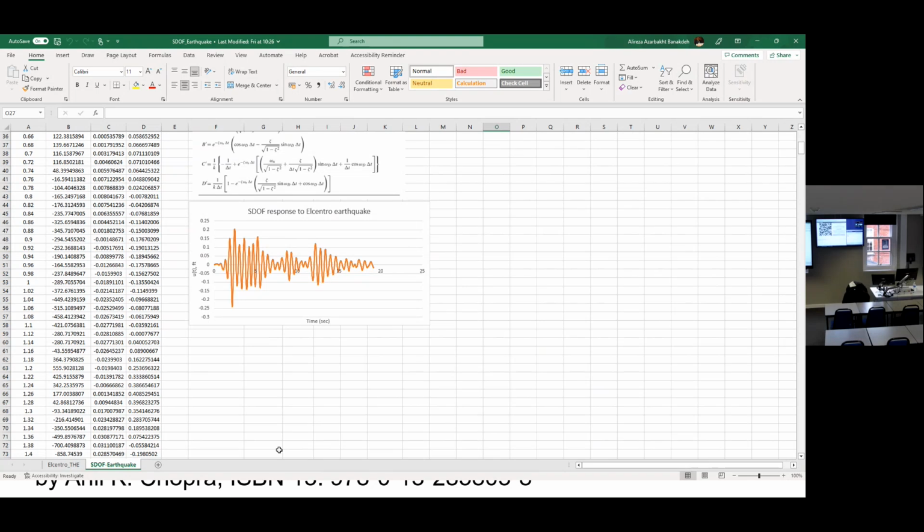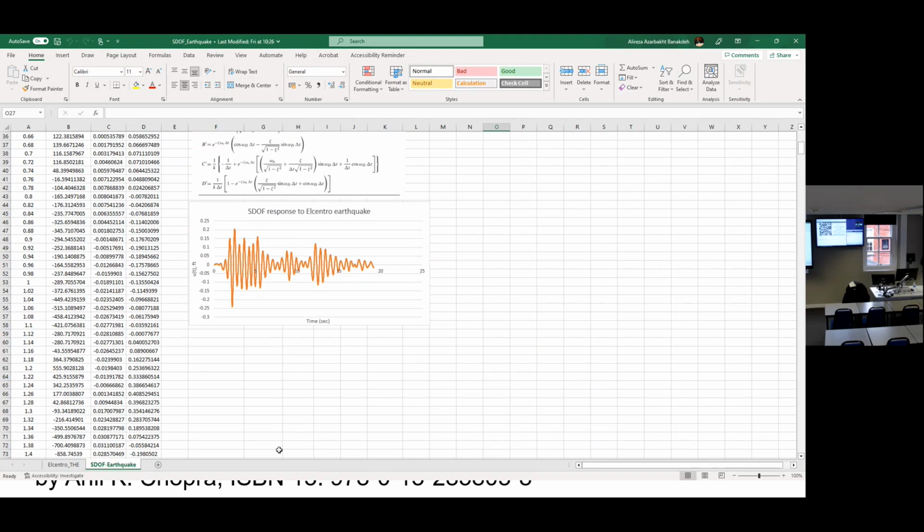So what we have done last week, if you remember, we solved a single degree of freedom system for an earthquake input. So we had ground shaking, like an earthquake, and we solved a kind of partial differential equation, and we succeeded to calculate this function, which is the deformation of that single degree of freedom system.